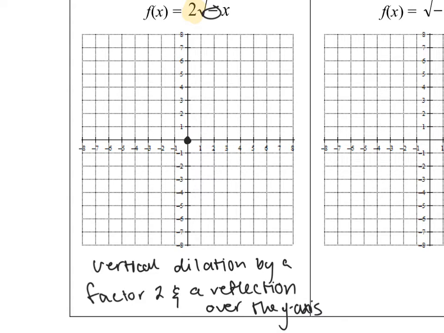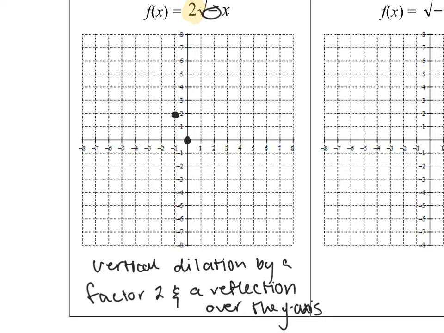So we have to start thinking of how we can make that negative disappear so we could take the square root. Well, let's try negative 1, because we know 2 negatives make a positive, okay? So negative 1 times negative 1 is positive 1. The square root of positive 1 is 1. 2 times 1, what do we get? It's 2. So when x is negative 1, y is 2.